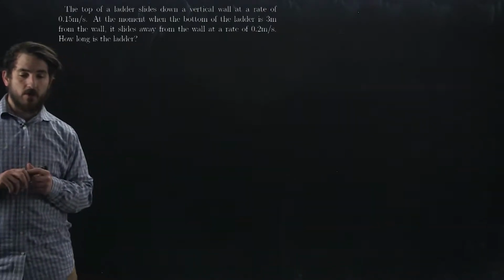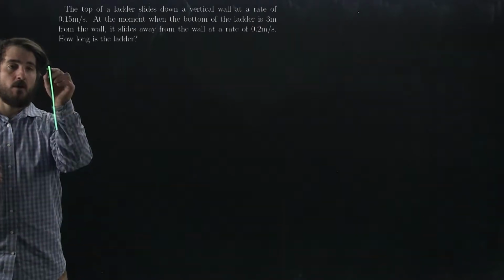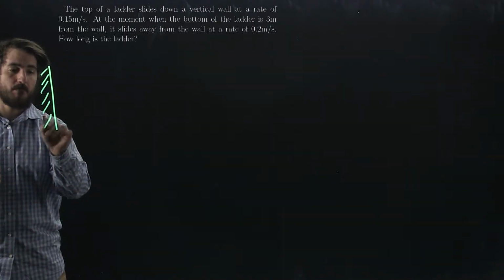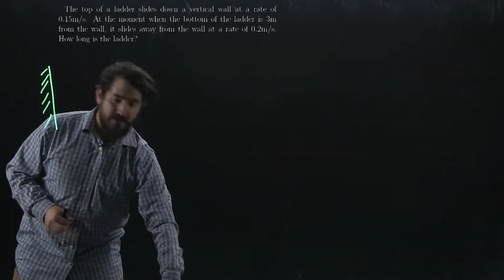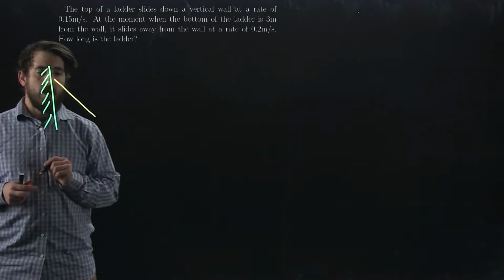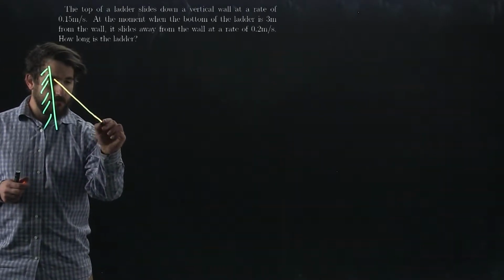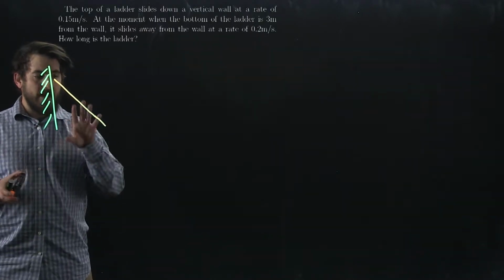So first I want to draw a picture of what's going on. So here is my wall. Okay. And I'm going to have this as my ladder. So the ladder, we have that.